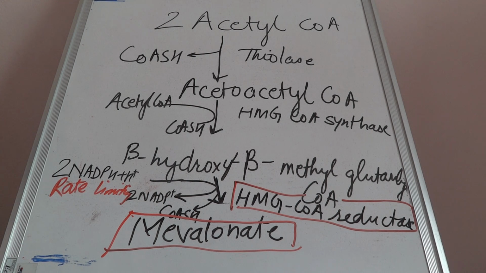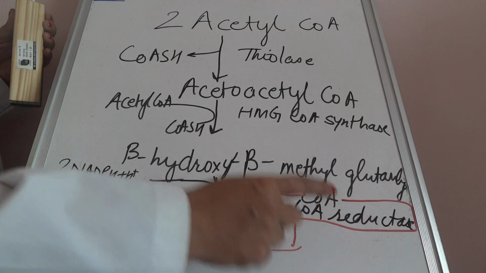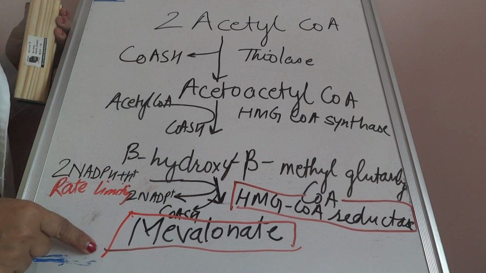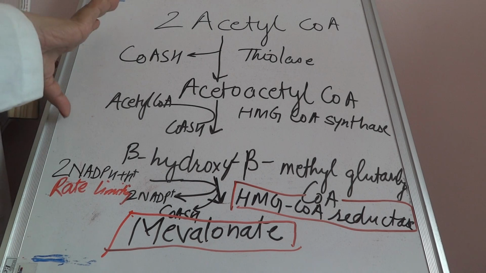So the regulation of this cycle is basically only on HMG coenzyme A reductase. So we have formed mevalonate. The first part of the cholesterol synthesis has been completed.